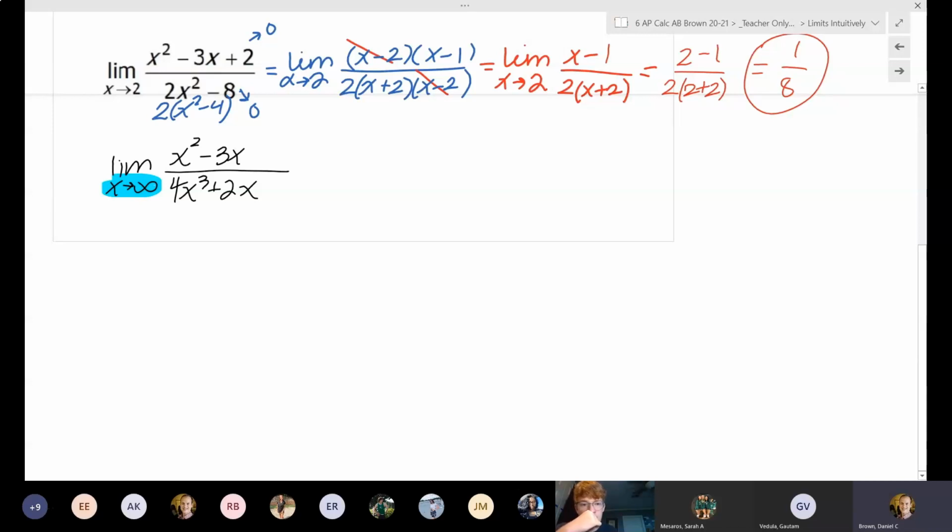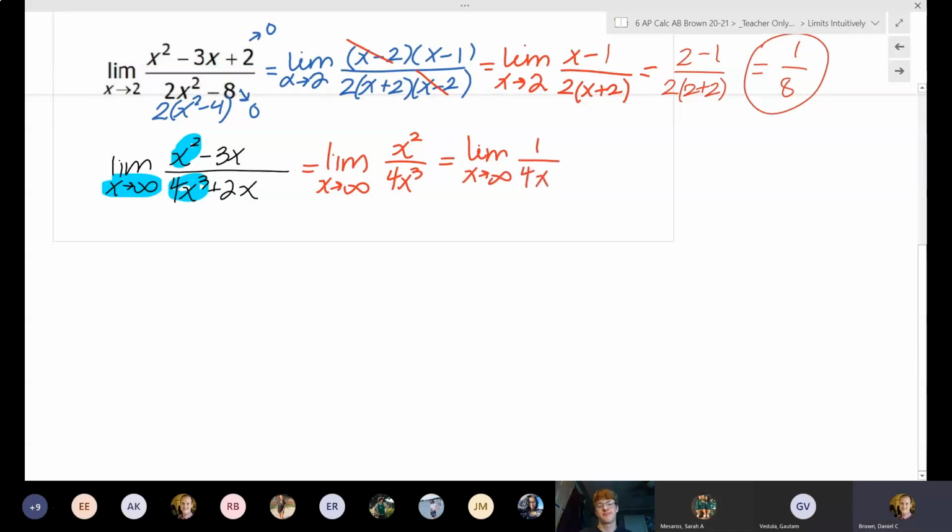In the numerator, which term is going to end up mattering the most? X squared. What about in the denominator? 4x cubed. So we're looking for the biggest exponent. At infinity only, or negative infinity, this problem looks like x squared over 4x cubed. Reducing this model, I end up with 1 over 4x.